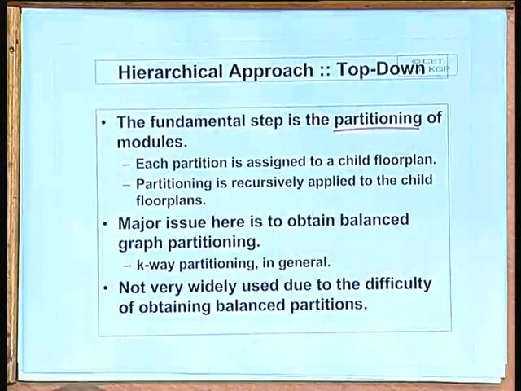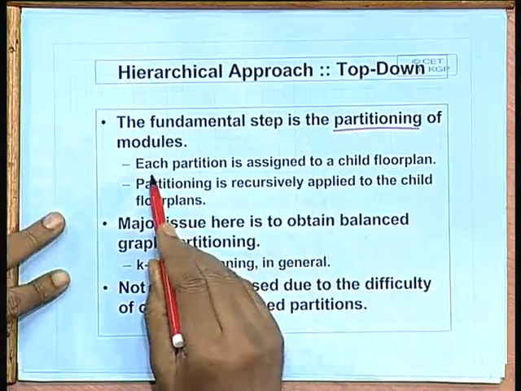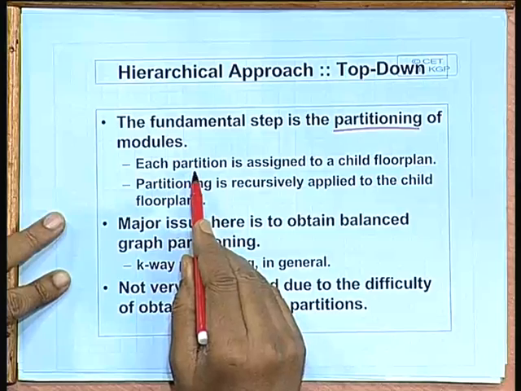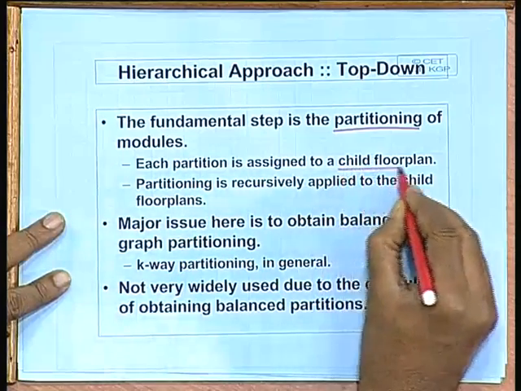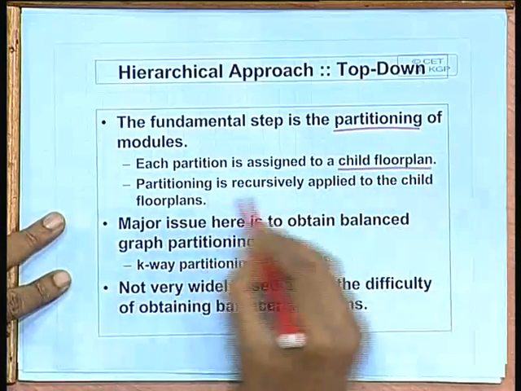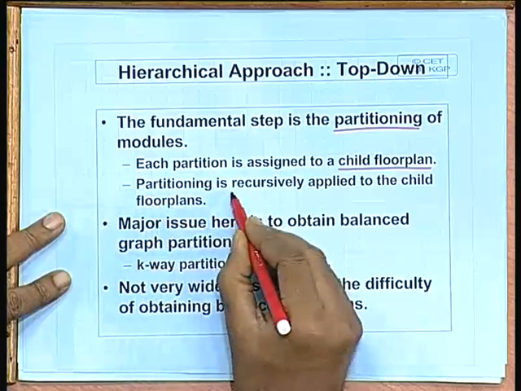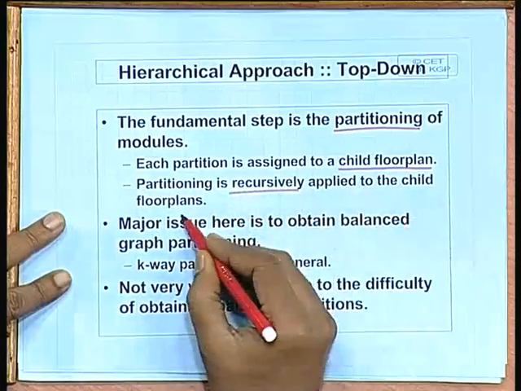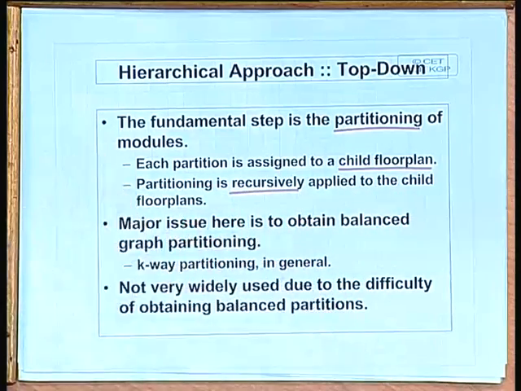So if we create the floor plan from that order itself, as you are doing partitioning, you are also planning where you will be placing them on the floor. This is the so called top down approach. Each partition you are making through partitioning is assigned to a child floor plan, and you are doing this partitioning recursively to each of these child floor plans, as it becomes smaller and smaller.